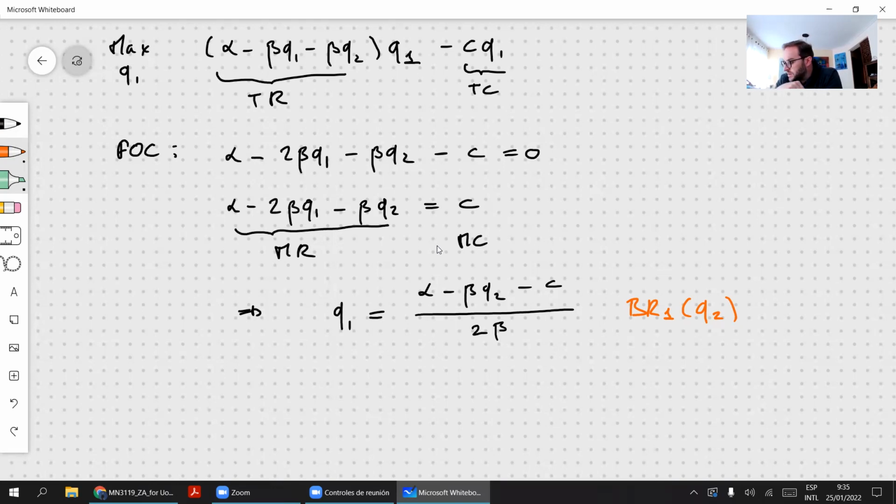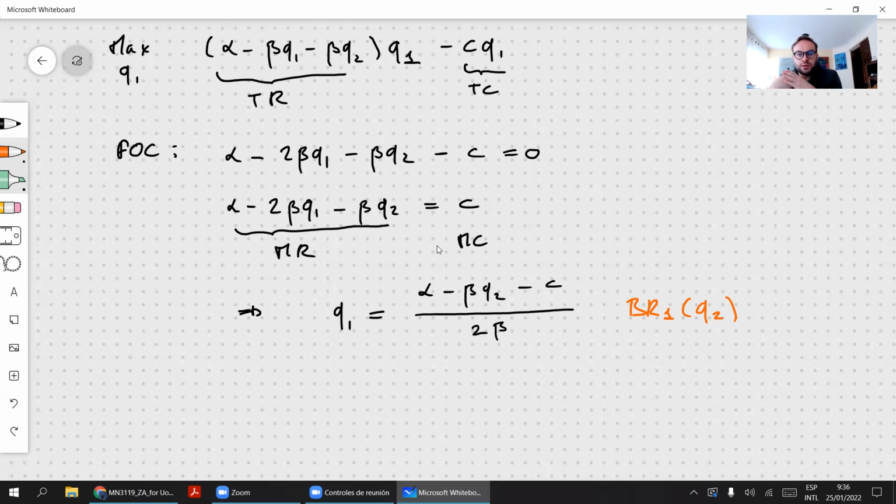In this case, in a Cournot model, my strategic variables, that is quantities, are strategic substitutes and not complements, because they go in opposite directions, right? Why do they go in opposite directions? Let's try to have somewhat of an intuition.